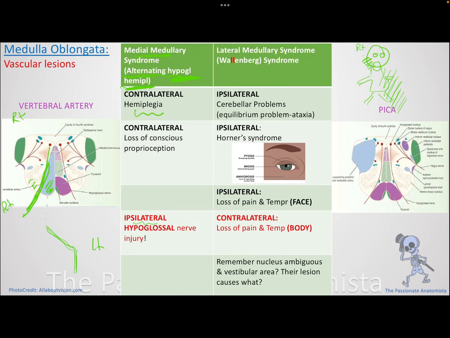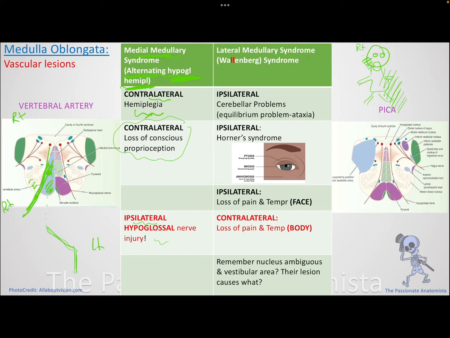Now here we will call it alternating hypoglossal hemiplegia. We will have in the medial medullary syndrome contralateral hemiplegia in the body, ipsilateral hypoglossal nerve injury, and of course contralateral loss of conscious proprioception, because you remember, in the medial part, the medial lemniscus, remember the triangle I drew for you guys, so you will have a problem with that.